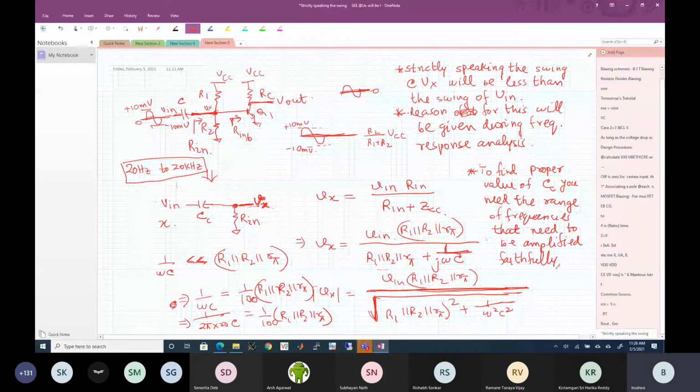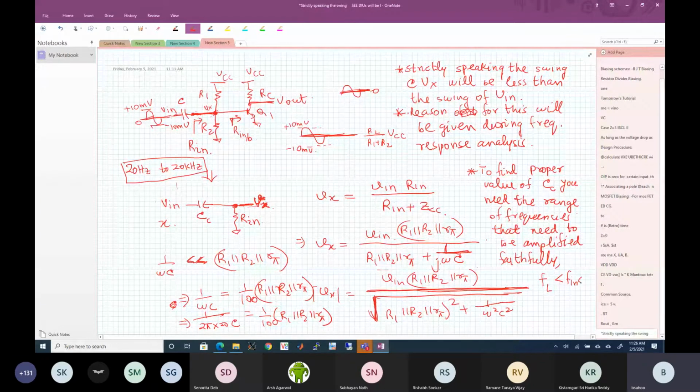That range of frequency is called the bandwidth of the signal. So F low less than F in less than FH. This is your bandwidth of the signal.